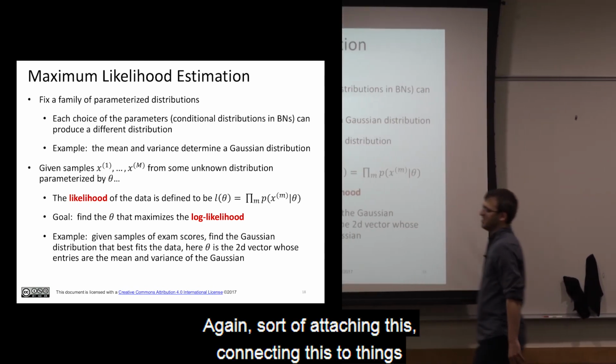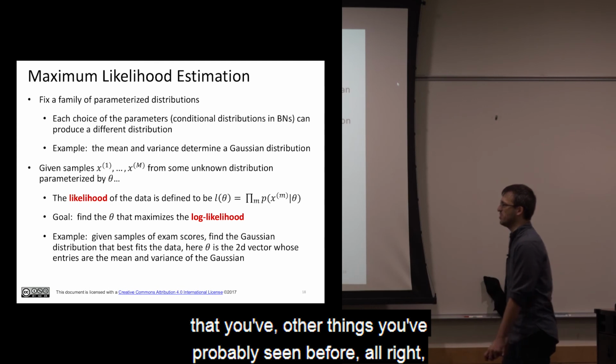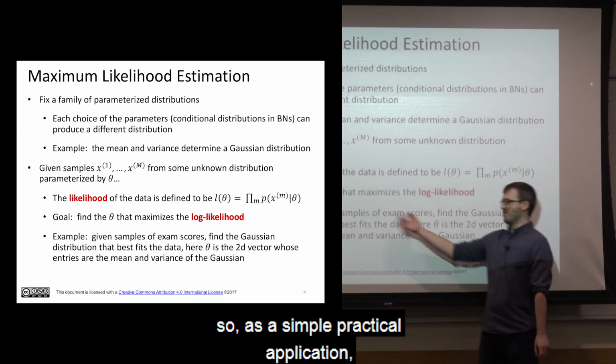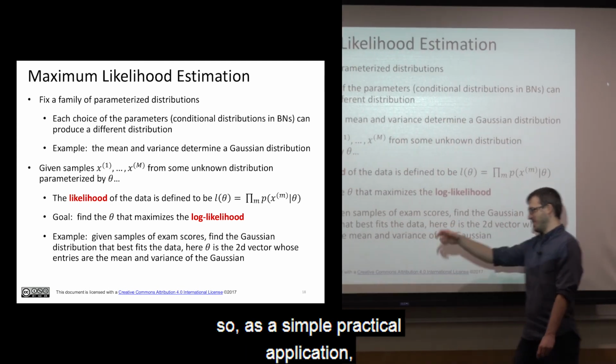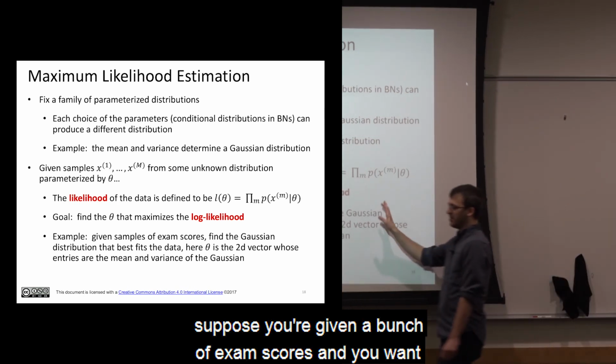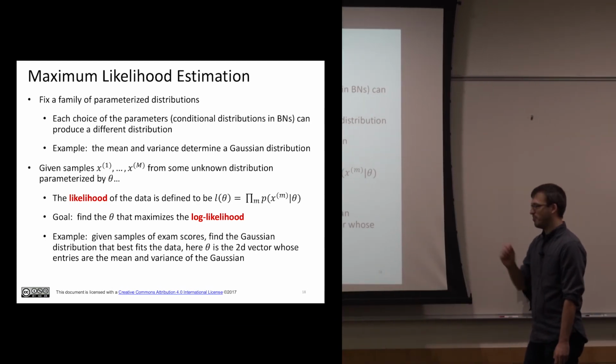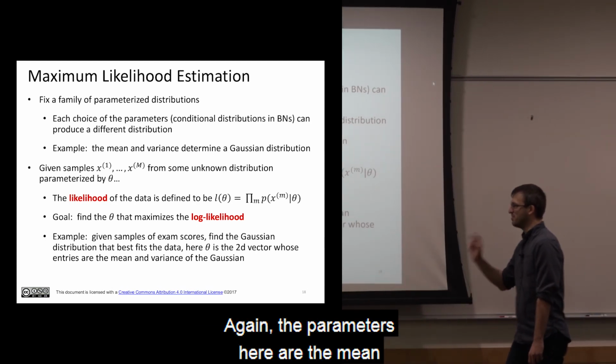Again, connecting this to other things you've probably seen before, as a simple practical application, suppose you're given a bunch of exam scores and you want to find the normal or Gaussian distribution that best fits this data. Again, the parameters here are the mean and the variance.